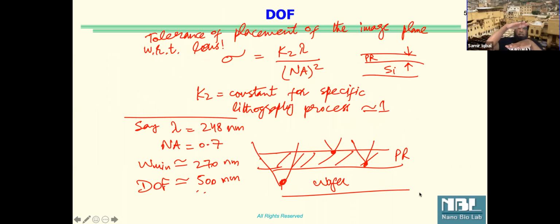Again, what would be the resolvable tolerance where an image can be considered in focus? What we want is to transfer that design by projecting light. We want many layers to be in focus so the pattern gets transferred.